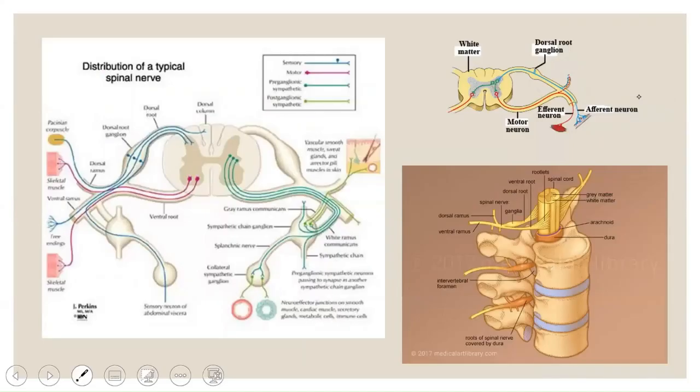So if you look again at the cross-section of the spinal nerve, here you have the sensory nerves, the motor nerves, and here you have the autonomic nerves. The cell bodies are found in the lateral horn.